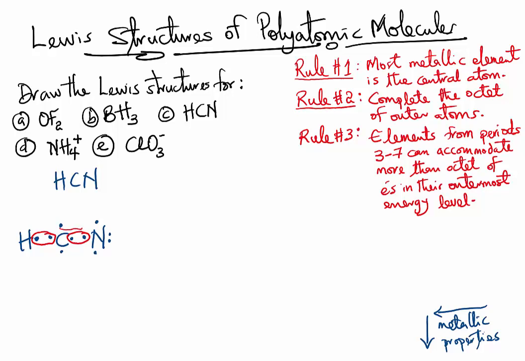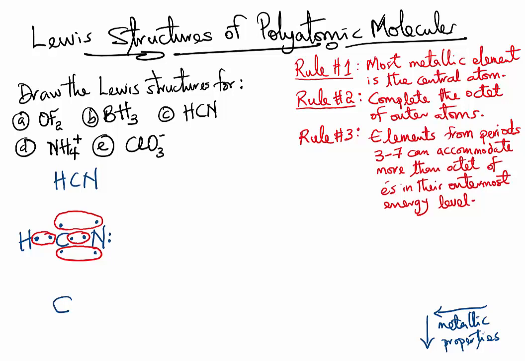Then we need to share more between nitrogen and carbon, but we now have nitrogen with 7 valence electrons. If we share 2 more between carbon and nitrogen, that takes us to 8 valence electrons for nitrogen. Let us now redraw the structure.